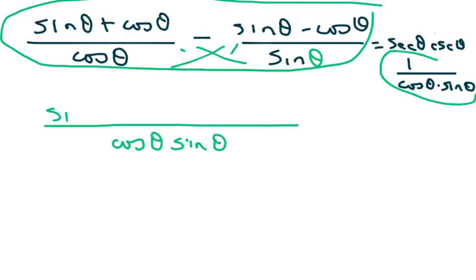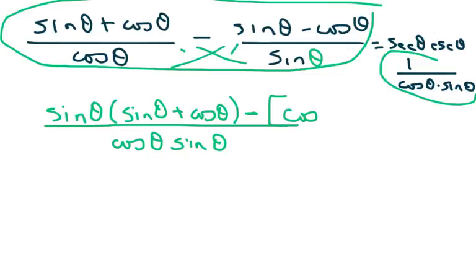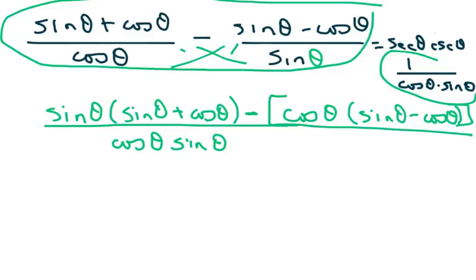So we get sine of theta times sine of theta plus cosine of theta minus, and I'm going to be careful here because you've got to distribute the negative, cosine of theta times sine of theta minus cosine of theta. Alright, you keep your denominator here. Do you see the denominator here is this? So basically, this numerator should equal 1.